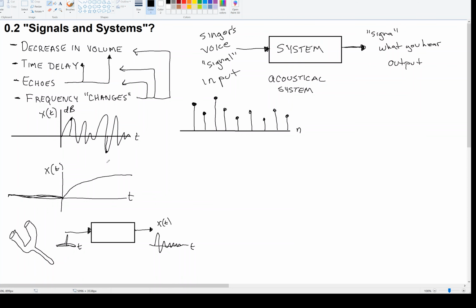Because for the first several signals that I gave you, we could plug in any value of time and read off what the signal is equal to. Here, and here I'm using n, I can only plug in integer values of n. I can ask, relative to some reference point, how did the Dow Jones close today?